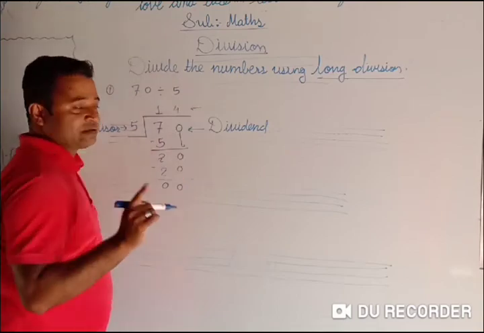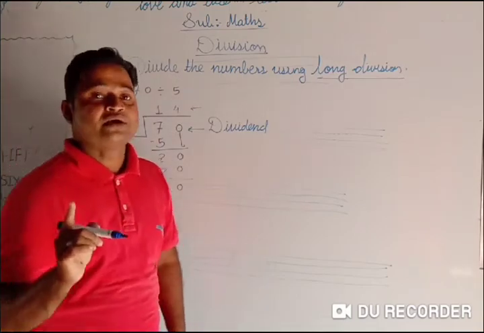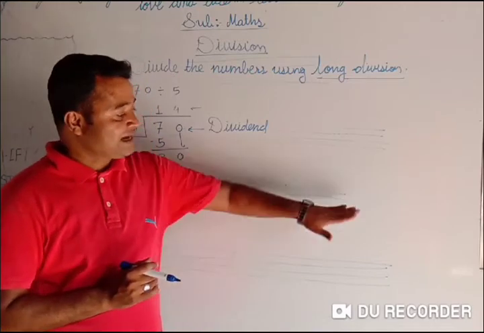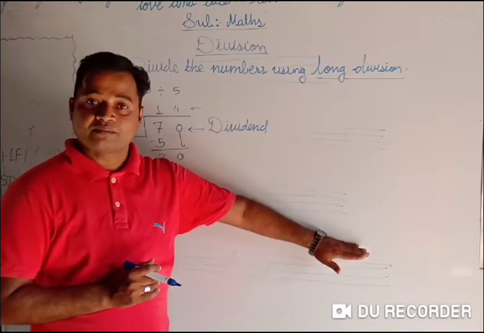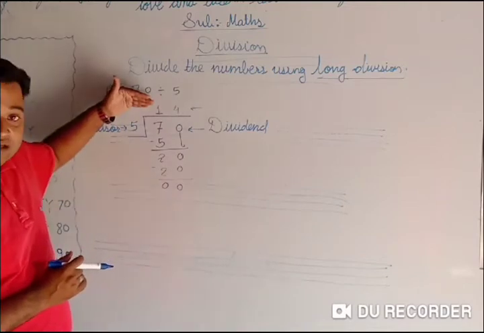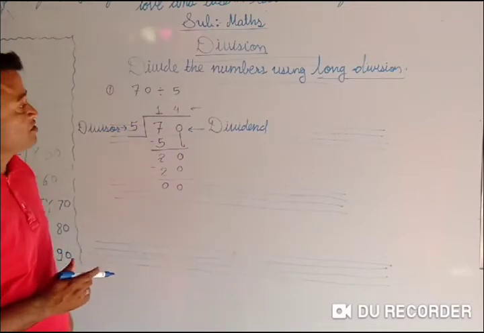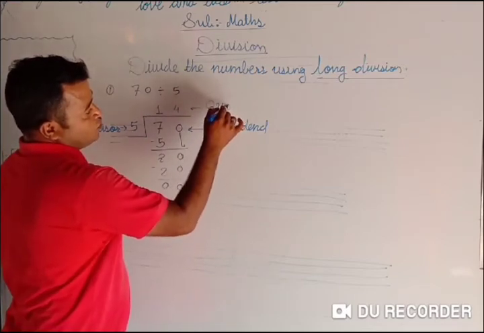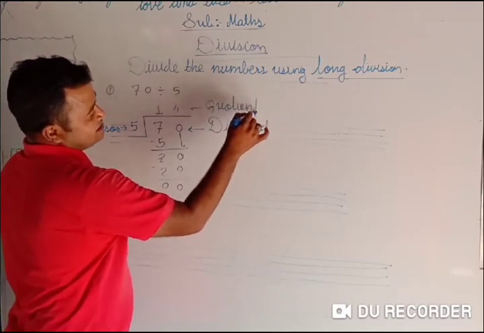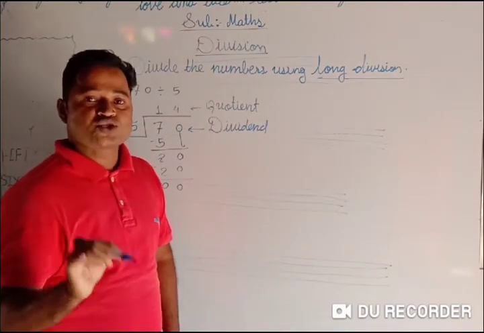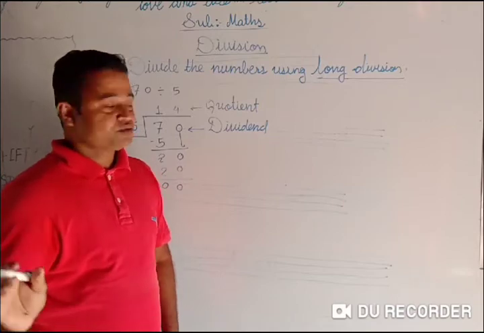This is the answer of division. Here one thing you have to keep in mind. In addition, multiplication and subtraction, we get our answers at the bottom. But it is different in the case of division. In division, we get the answer at the top. And the answer of division is called the quotient.